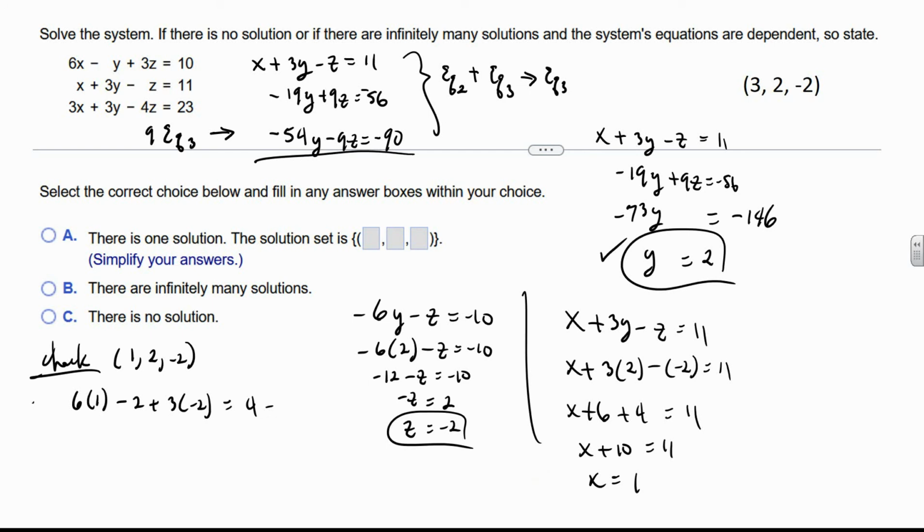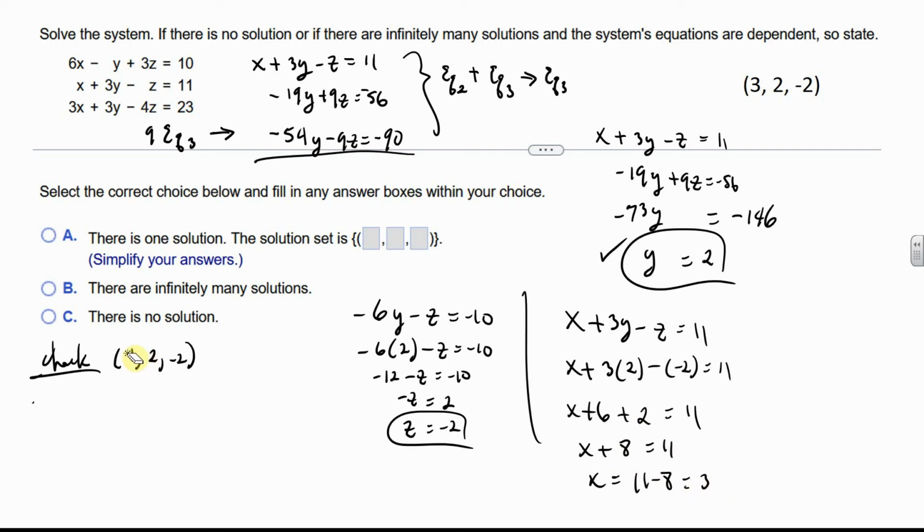Oh. Anybody see the mistake? Should be a positive 2, right? This is 8, and then we subtract 11 minus 8. And that gives us 3.